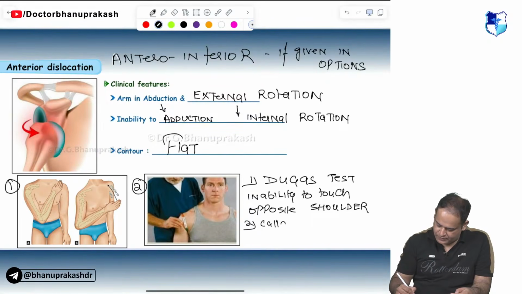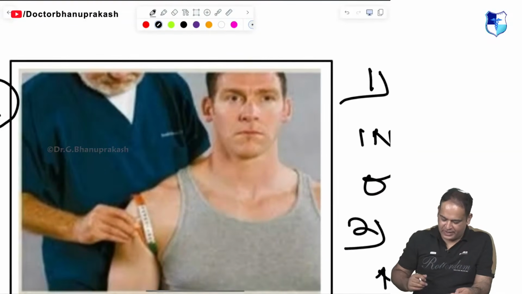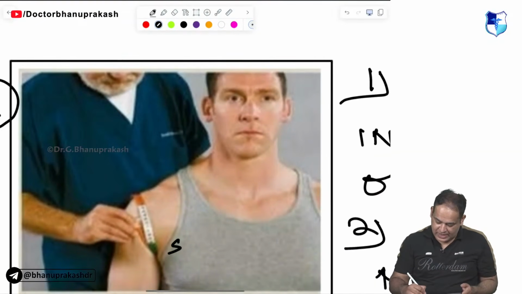Then Callaway test, that is increased circumference of the axilla.